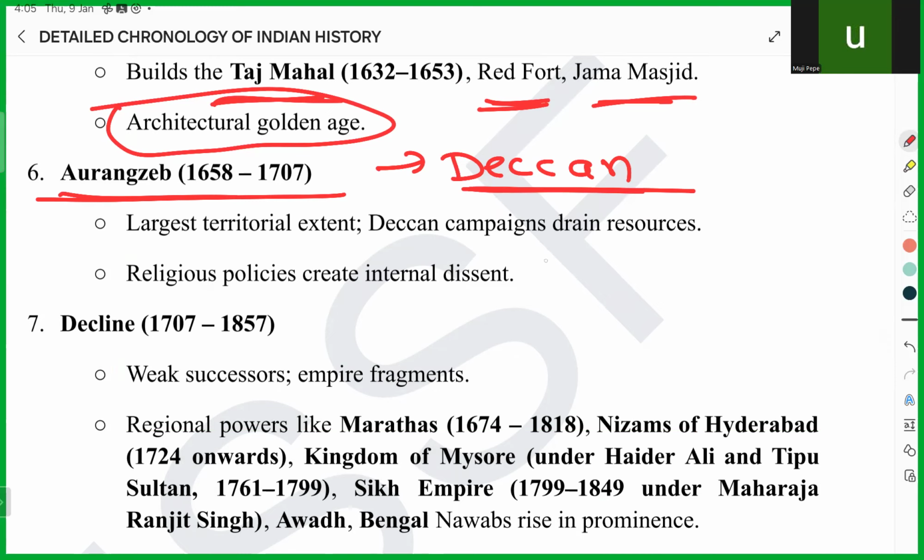Aurangzeb's son's name was Akbar, not his great grandfather. His son's name was also Akbar, and he basically had an alliance with the Marathas. That Akbar would be installed as a pro-Maratha Mughal emperor.